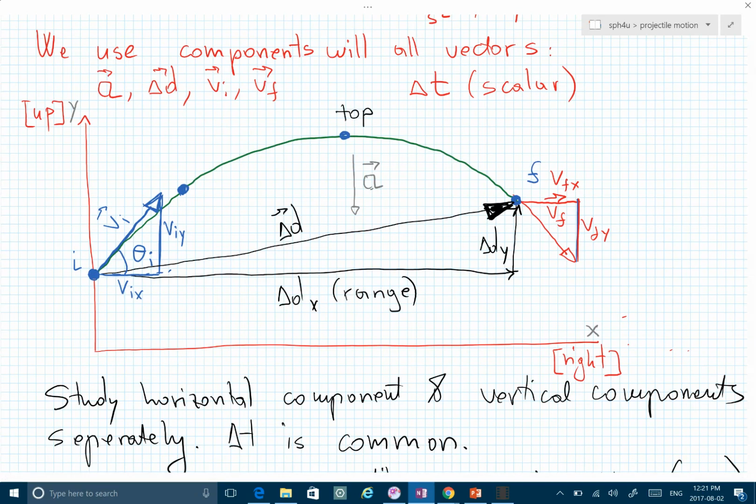A lot of you are thinking, oh, it's zero. Remember, it's not zero. In here, it has only an x component, right? Only Vy is zero at the top. The projectile does have velocity there, but only the x component. Okay, so now, once we have this knowledge, we're going to be able to solve projectile motion problems.